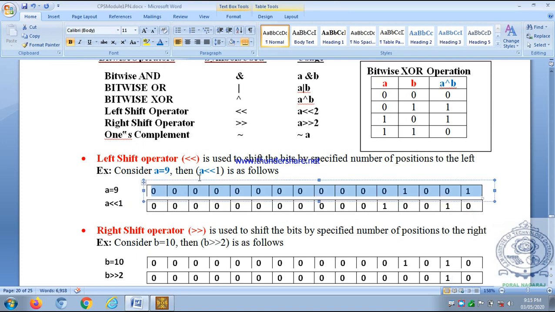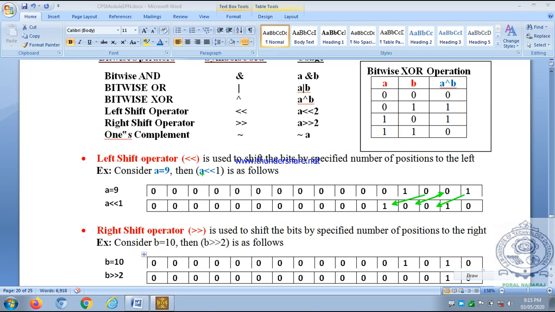Suppose you have to shift it by 2 positions. Then this 1 will come to this position, shifted by 2 bits, and the 0s are shifted to the left side by 2 bits as well. Finally the last 2 bits will become zeros.